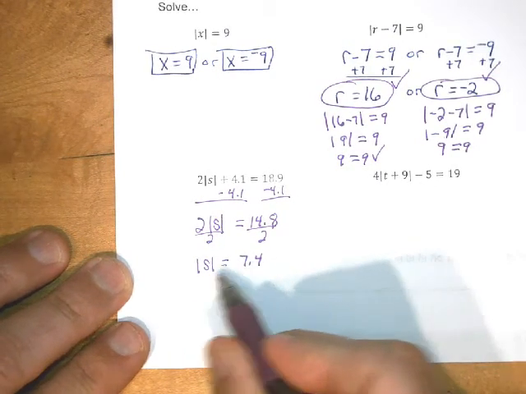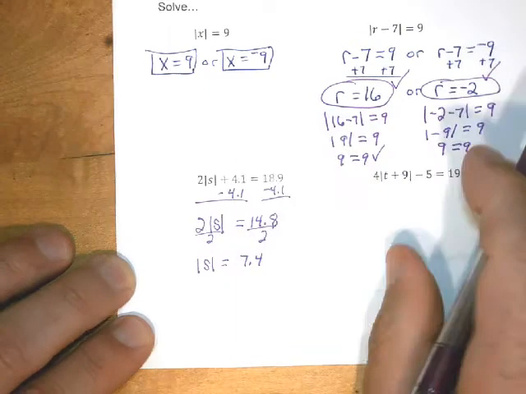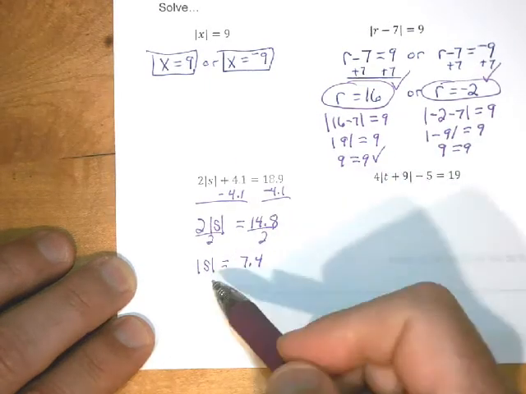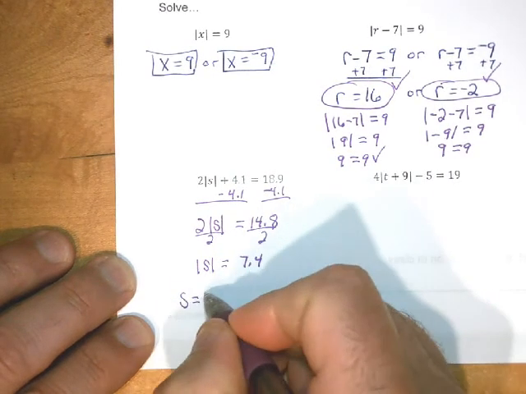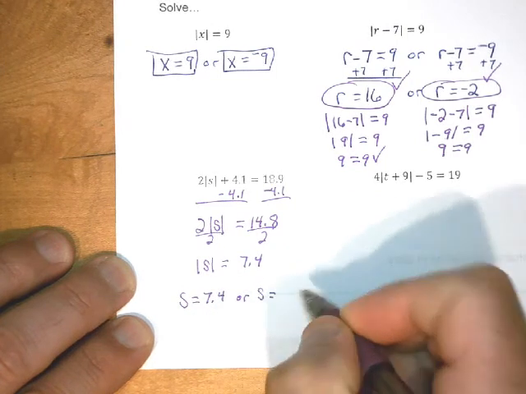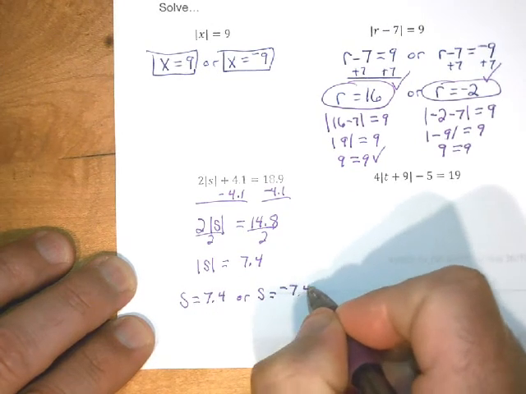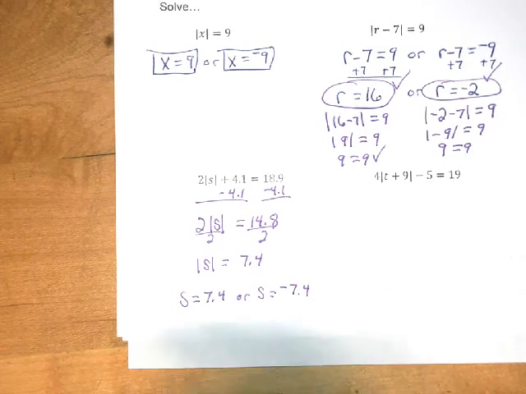This is where we're still solving for our absolute value of s. So again, we break it down, just like we did in the first one here, when you have the absolute value of s, that becomes s is going to equal 7.4, or s is going to equal a minus 7.4.